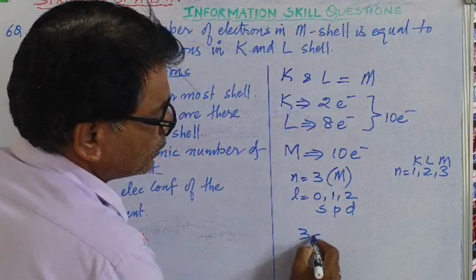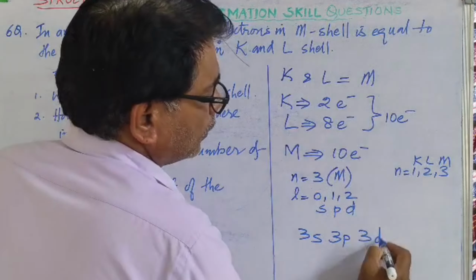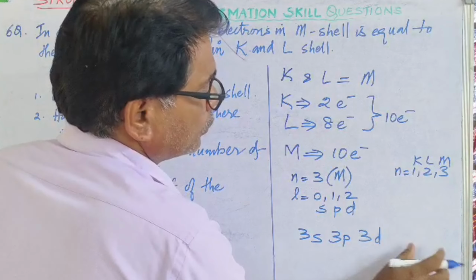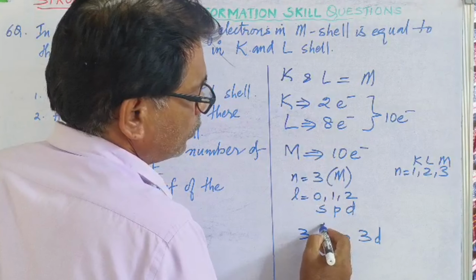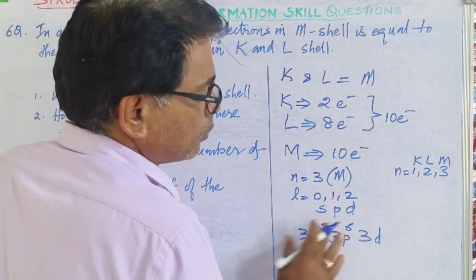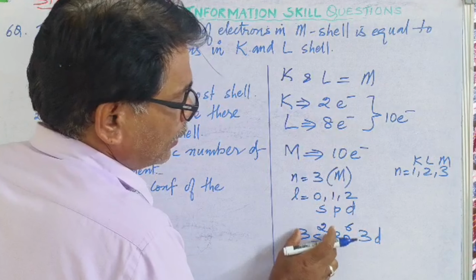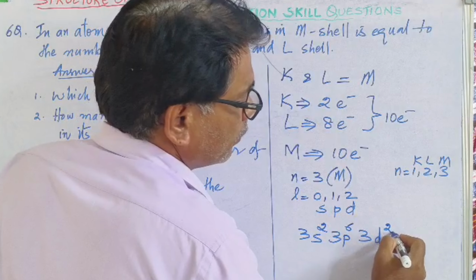That means it is 3s, 3p and 3d. So now how many electrons are we supposed to share within these 10? S holds 2 electrons, P holds 6. That's all finished. Completely S holds 2, completely P holds 6. Now the leftover is given to D.